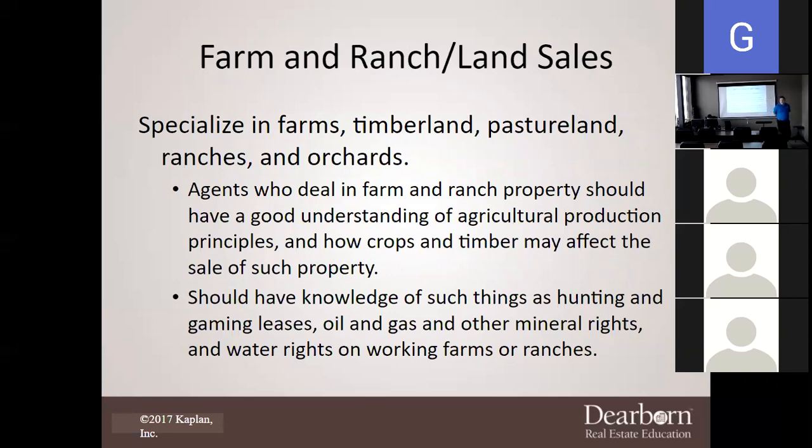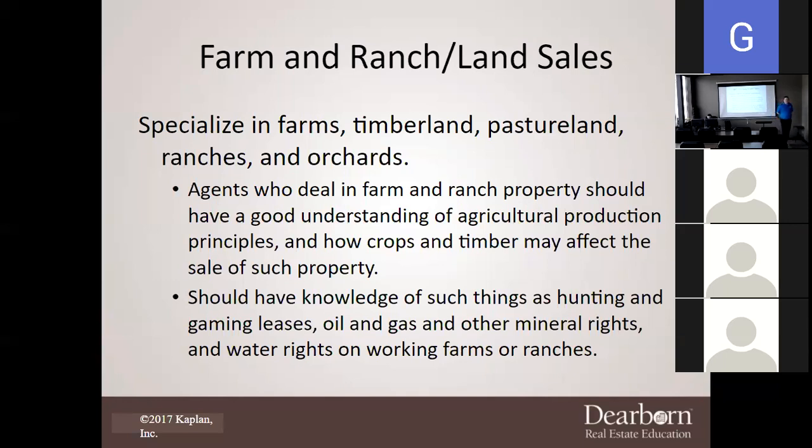You can specialize in farm and ranch or land sales, basically farm, timberland, pasture land, ranches, or orchards. Each agent who deals in farm and ranch properties should have a good understanding of agricultural production principles, and how crops and timber may affect the value of those properties.